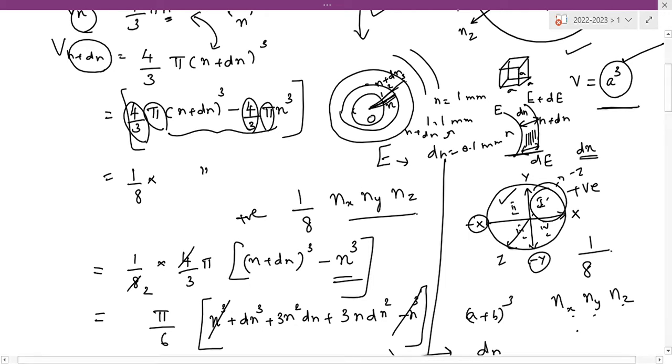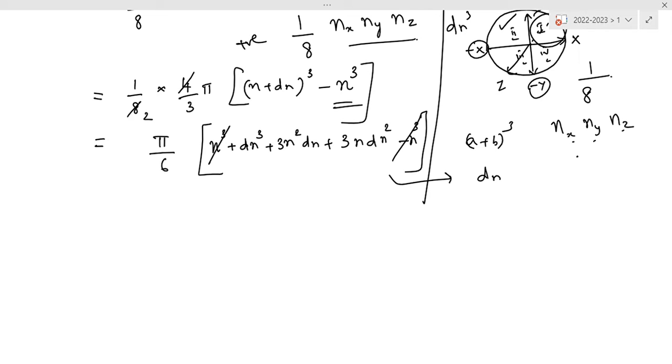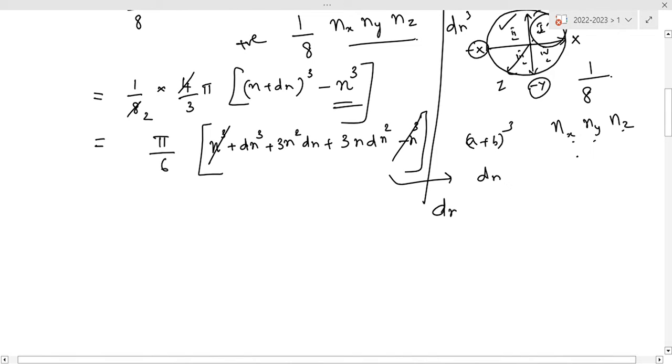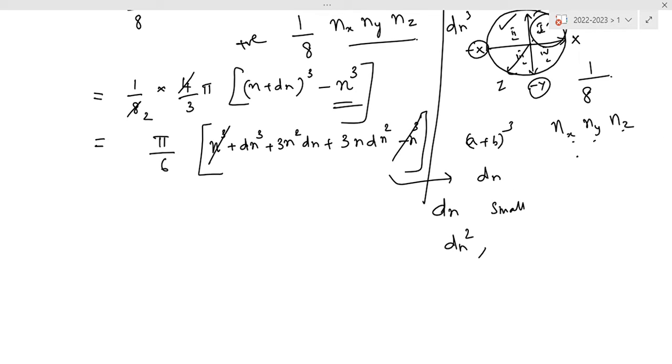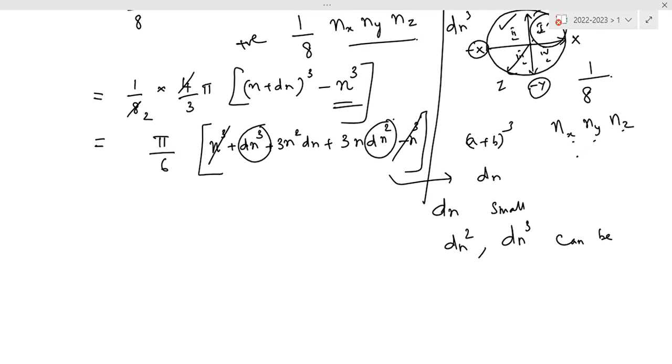Then if dn is equal to 0.1 mm, dn square will be a small value and dn cube will be the very small value. Therefore we are going to explain here as, since dn is very small, the higher orders of dn, that is in this formula we have dn square, dn cube, can be neglected. Since dn is very small, the higher orders of dn can be neglected.